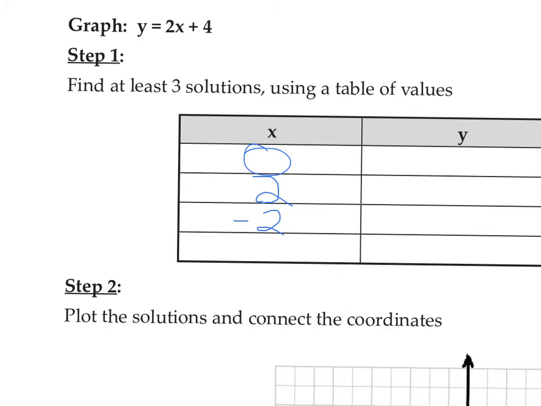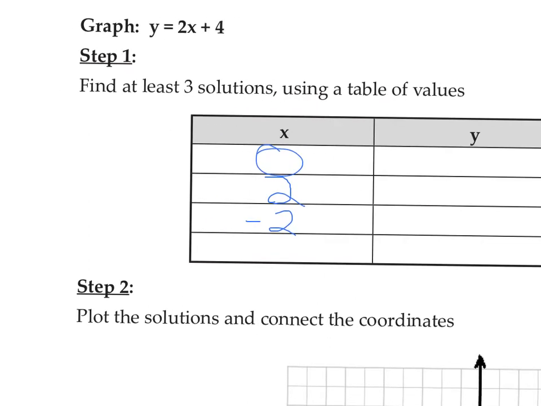So then I'm going to take 0 and plug it in for x, and I'm going to simplify and find out what y value goes with 0. So y will equal 2 times 0 plus 4, or 0 plus 4, which means when x is 0, y is 4.